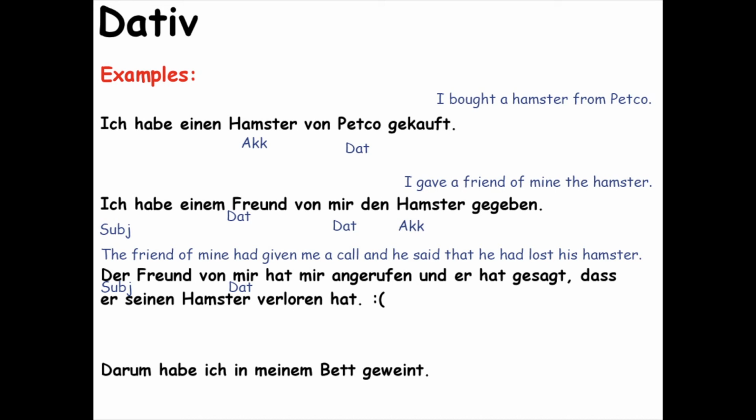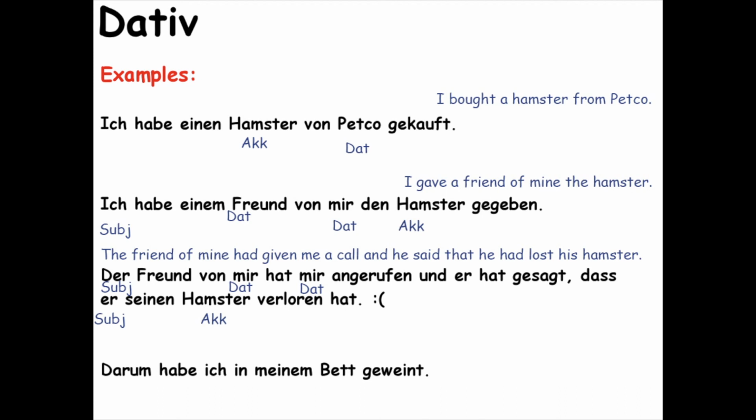Called who? Me. So we use the dative first person, mir. Okay, so we got past that part. And he said, hat gesagt, that he lost his hamster. Dass seinen Hamster verloren hat. Okay, so he lost, subject, verb, lost what? His hamster. So his hamster is accusative, so we put the en ending on sein, and that's the end of that sentence. We've worked through it.